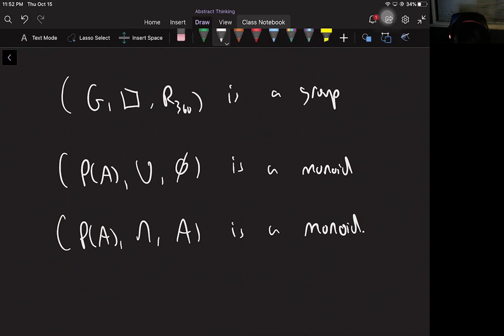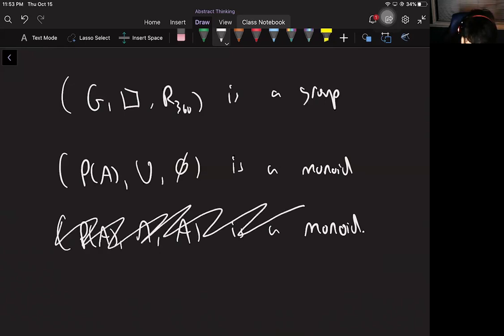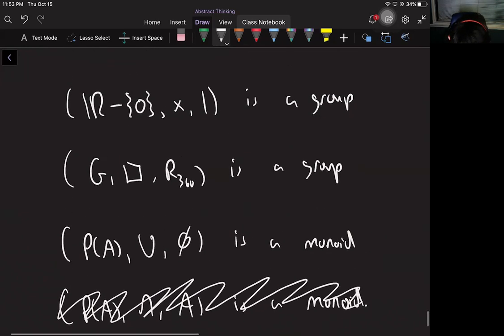But now the identity element is the entire set A. Okay. Is that right? Off the top of my head now, I think that's wrong. So go figure it out on your own if you want. I don't want to claim that's right without thinking about it more.